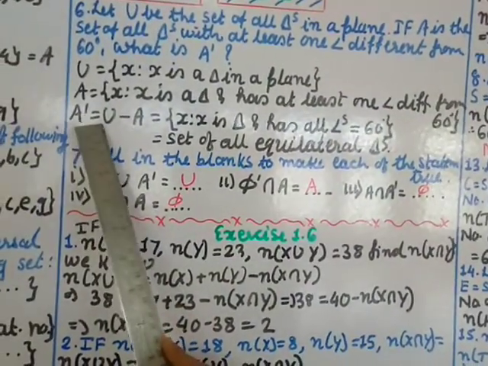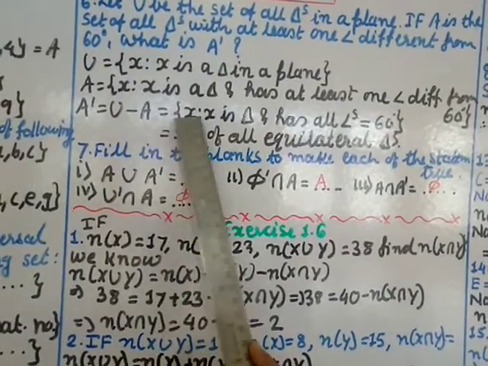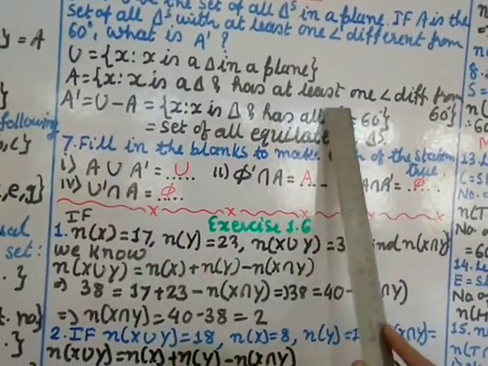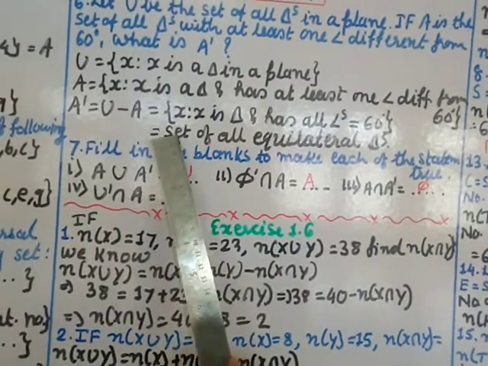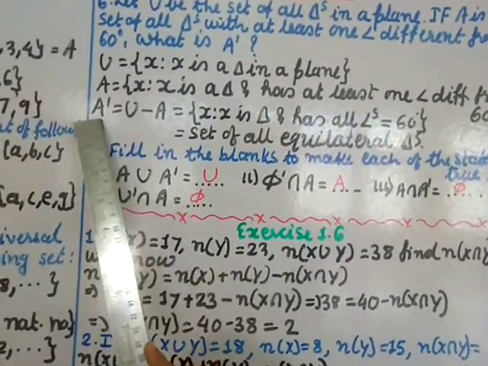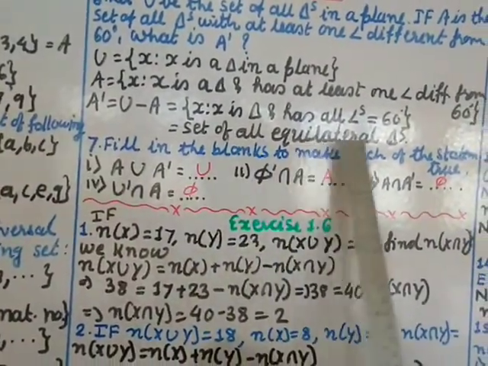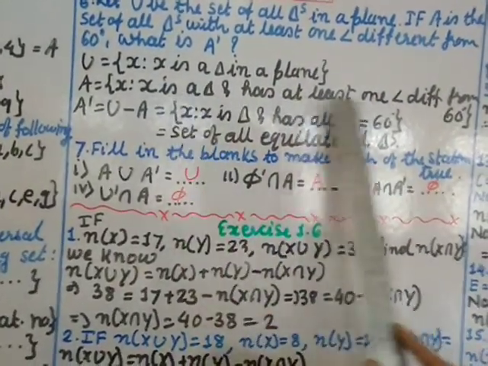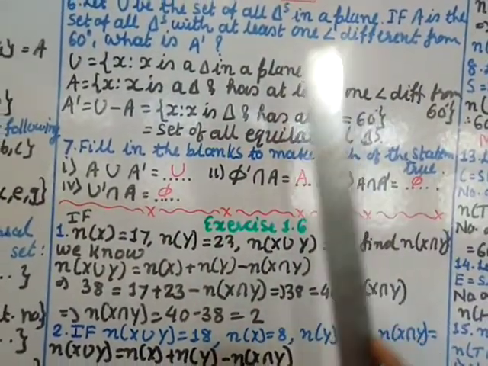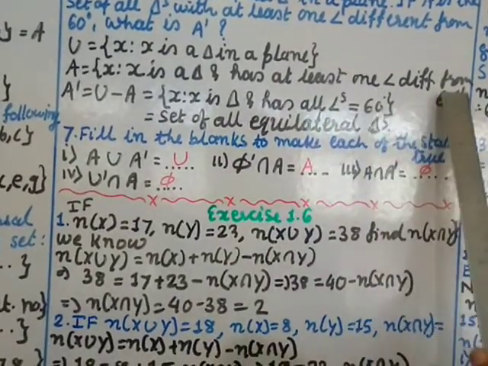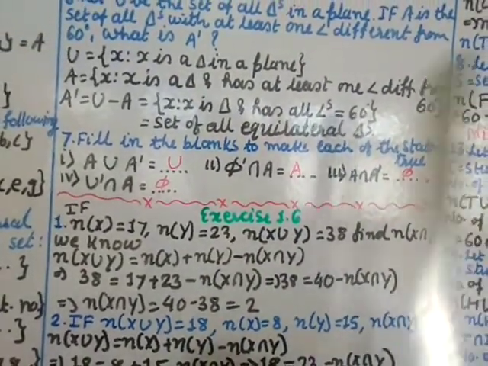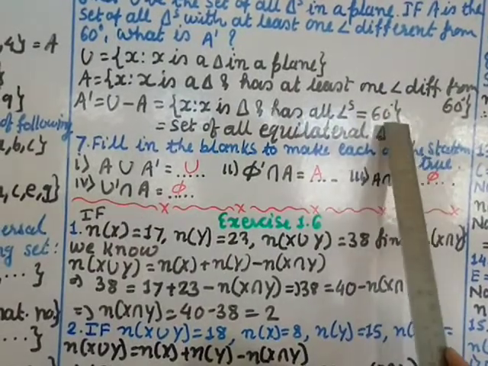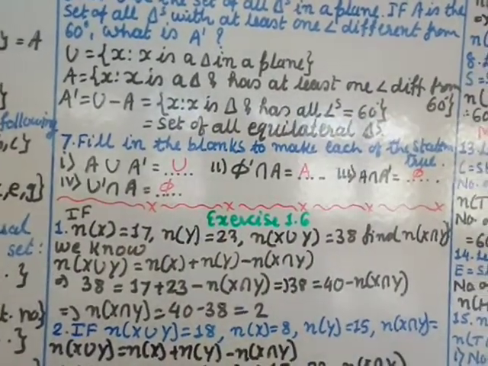That means A' will be U minus A. So A' is {x such that x is a triangle and has all angles equal to 60}. That means A' will be the set of all equilateral triangles. From all the triangles, you are just cancelling the triangles which have at least one angle different from 60 degrees. So the angles will be equal to 60 degrees, that means it is equilateral triangles.